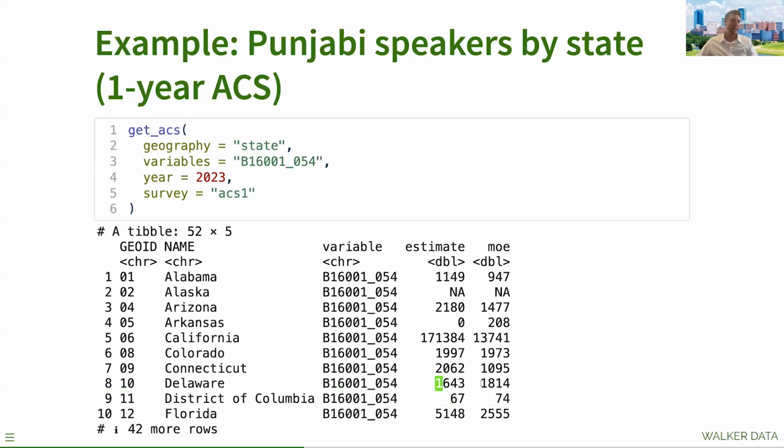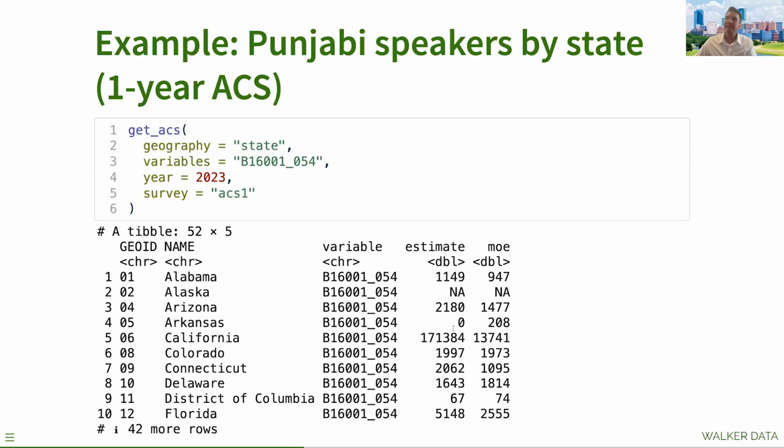So this is basically saying, we think the estimate is 1,643 Punjabi speakers in Delaware, but it could be 0, or it could be over twice that. And that may or may not be a satisfactory response, depending on what you're looking at.